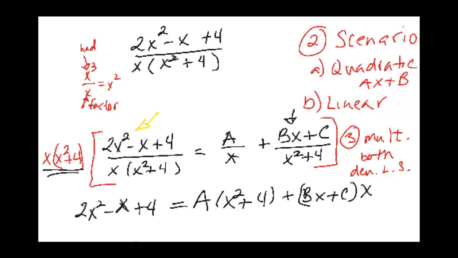Alright, so if you remember the step after that, I told you guys to multiply and group the right side together, all the like terms. So multiply the right side and group.